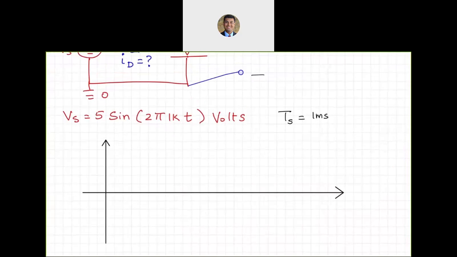Let's call the x axis time and the y axis voltage. My units are volts here and seconds over here. Let's sketch the source voltage, sure, in black.